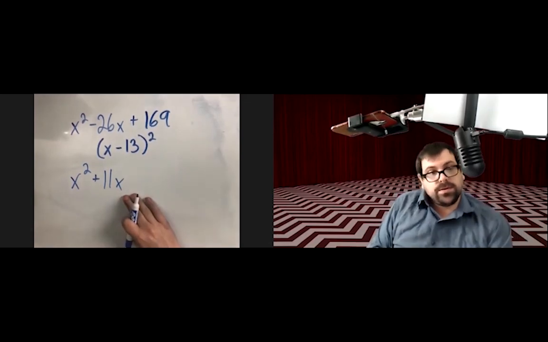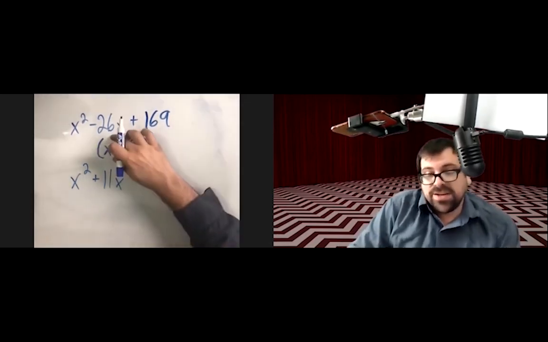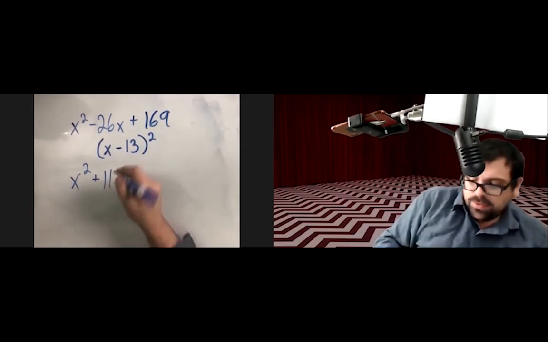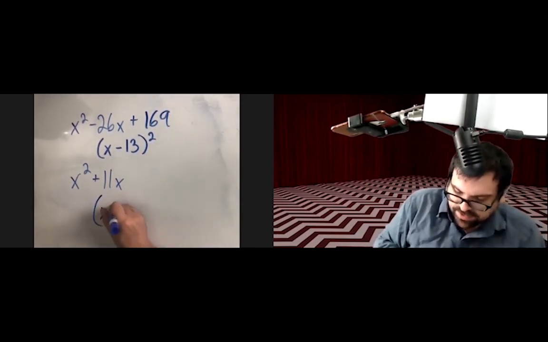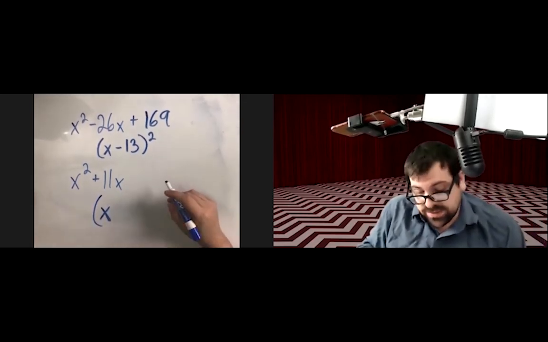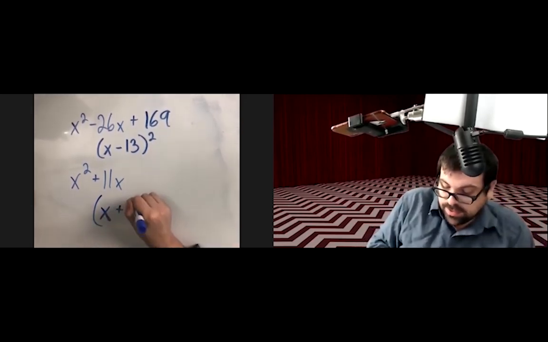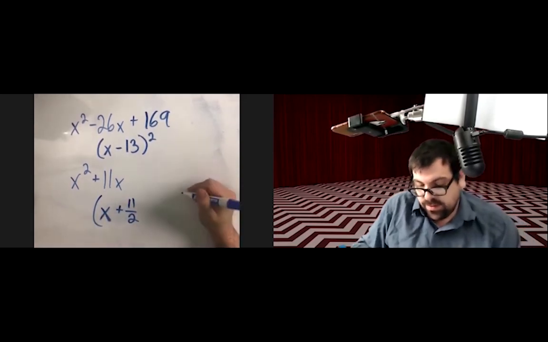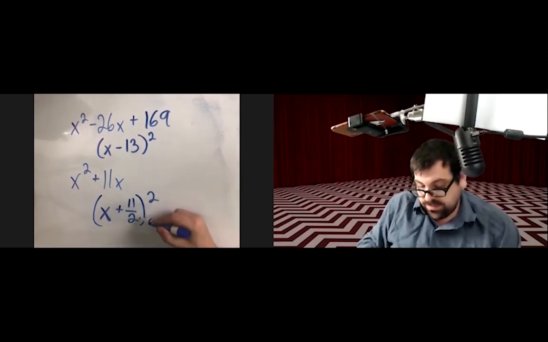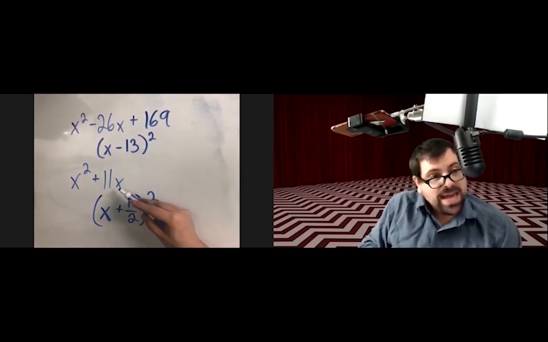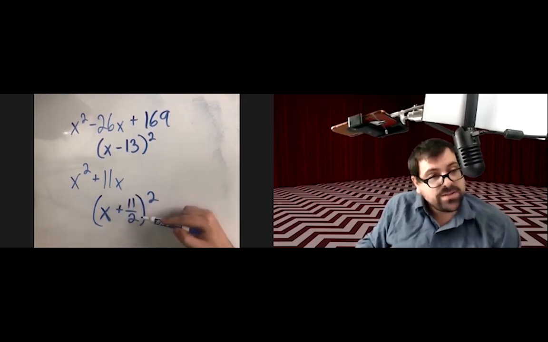What about here? Well, when it's an even number, taking half is easy. When it's an odd number, taking half is not as straightforward, but it's still just dividing by 2. 11 over 2. Yes, really, that's all you have to do to figure out what the square is. Half of 11 is 11 halves.